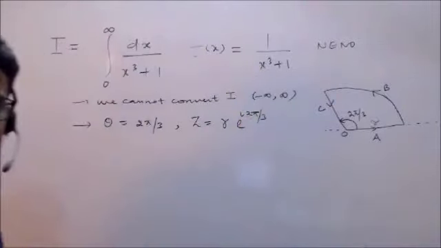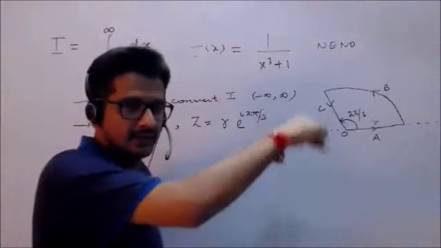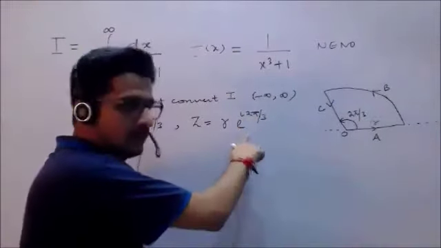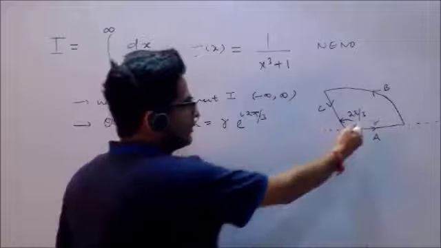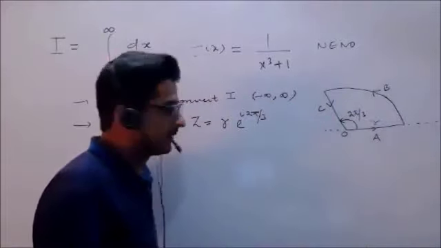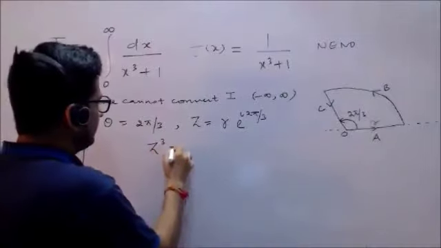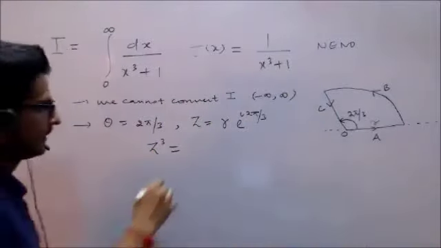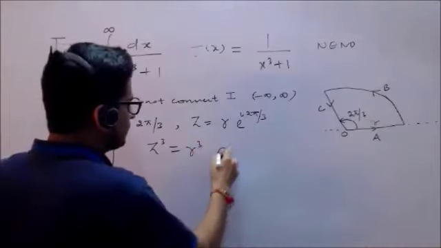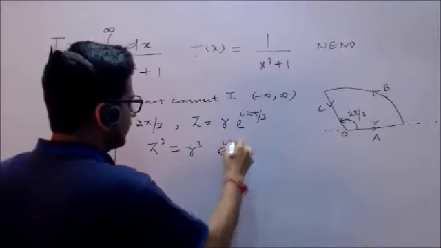Can you see that? This is the definition of the contour, and this is the angle. Now cube it: z cube. You will get r cube e to the power i 2 pi.